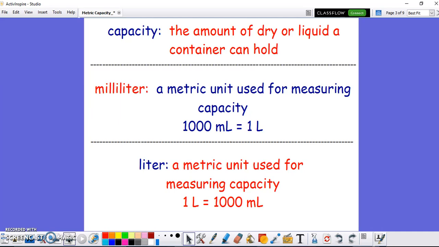A milliliter, as we mentioned, is a small unit of measurement for capacity. 1,000 milliliters equals 1 liter. A liter is the larger unit of measurement when it comes to capacity. That's what we discussed on the previous slides.